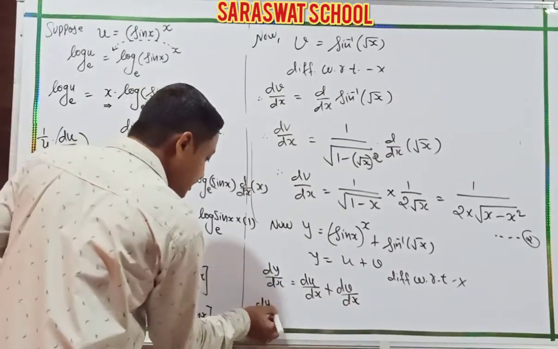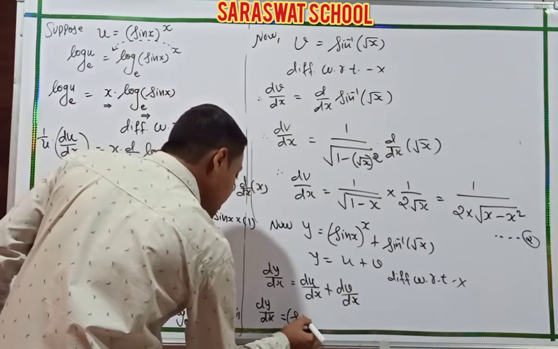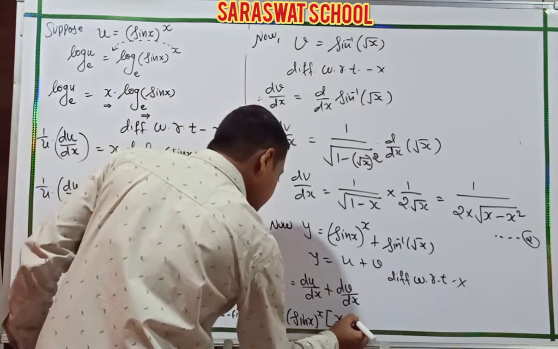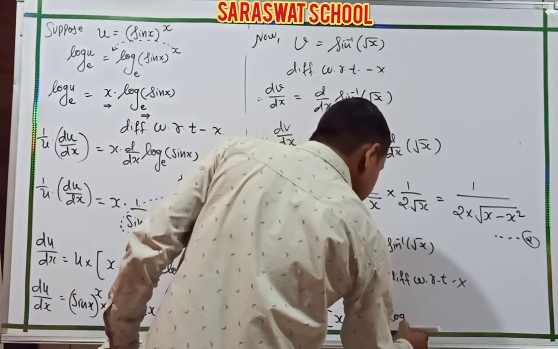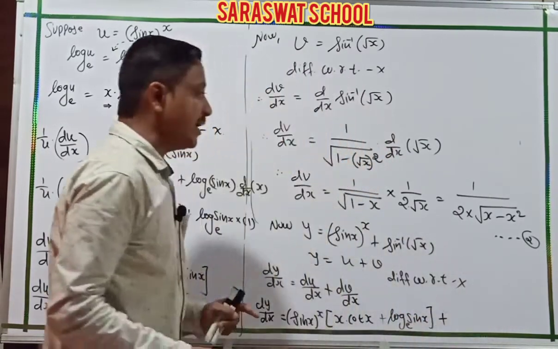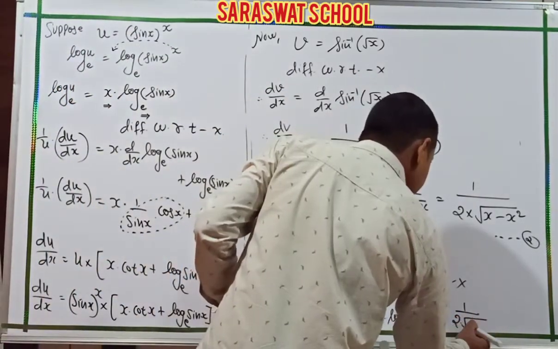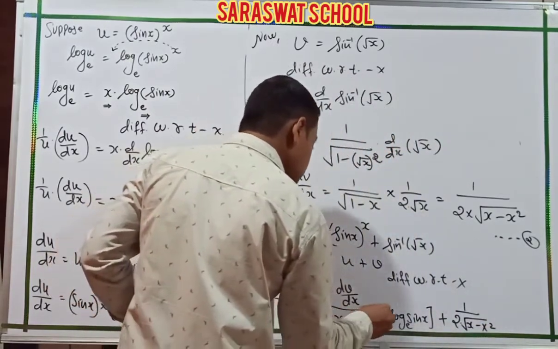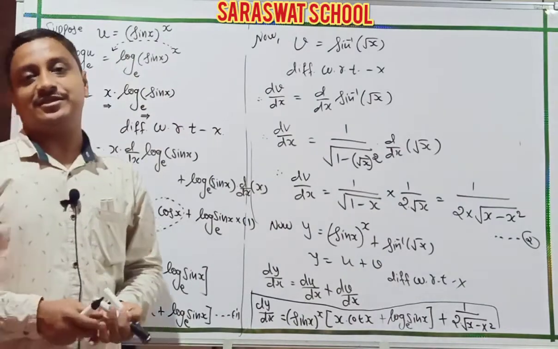So dy by dx, my first answer is sin x to the power x into x into cot x plus log of sin x to the base e, and plus dv by dx, which is 1 upon 2 under root x minus x square. And here students, you get the final answer for this numerical.